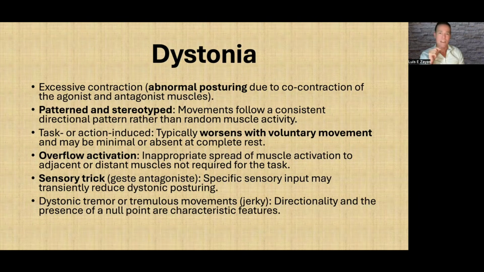Many patients have dystonic tremors, which are actually not tremors because they are not oscillatory movements, but I call it tremulous movement. They are kind of jerky and they have directionality, which means that the tremor gets worse during a specific position.